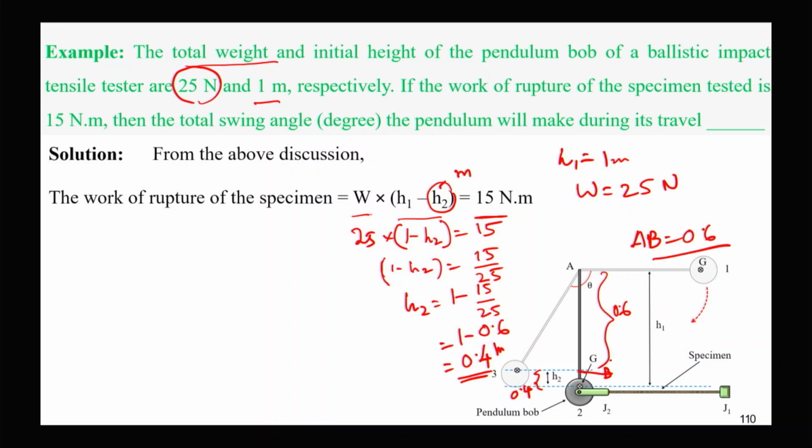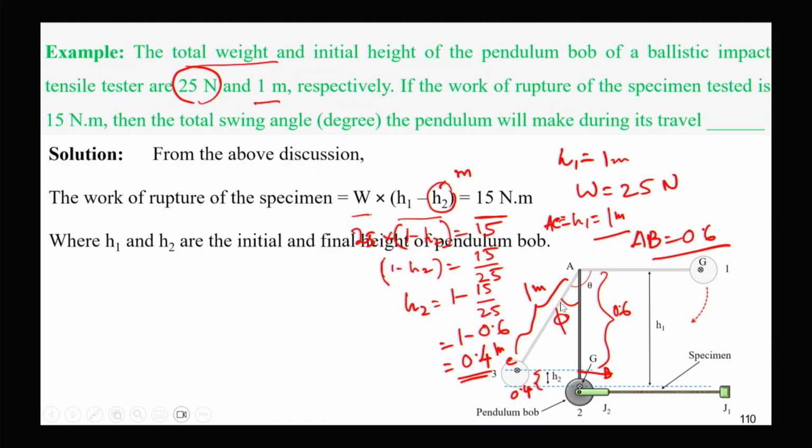We know ABC, the C is the total length of the pendulum rod. So AC is the initial height, H1, 1 meter. So this is 1 meter, and we can calculate this angle phi. This is the angle we can calculate.